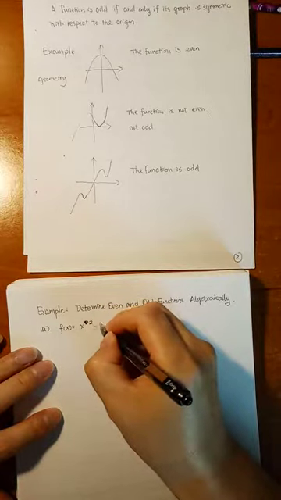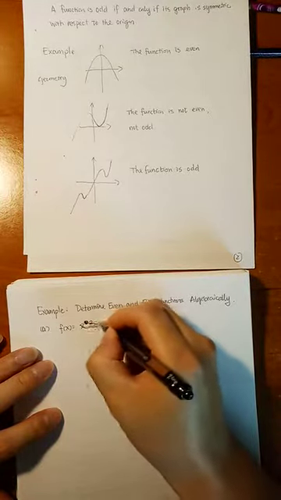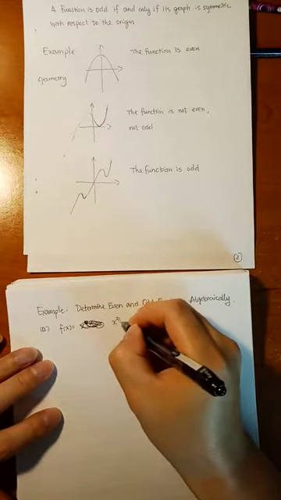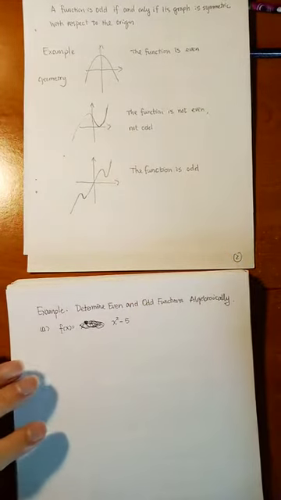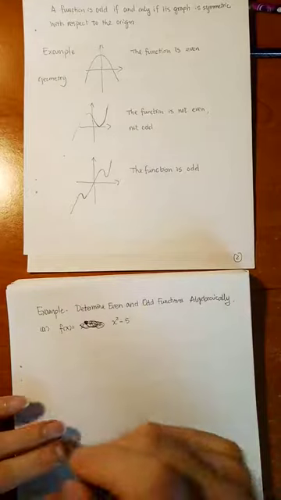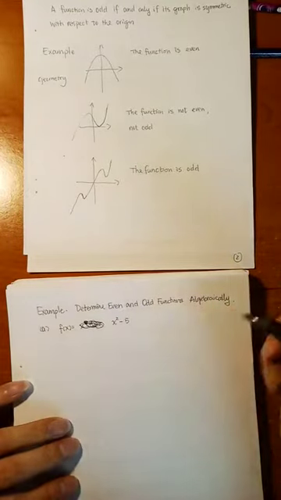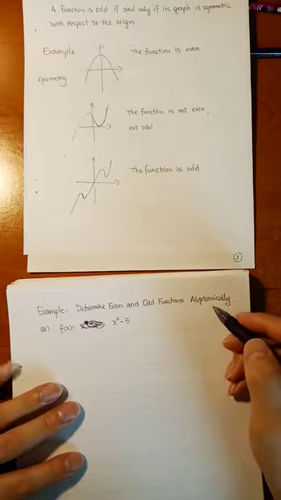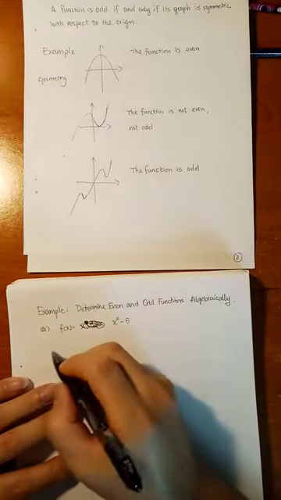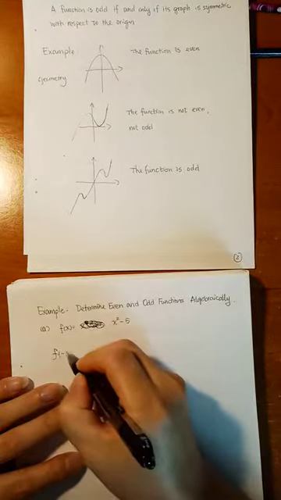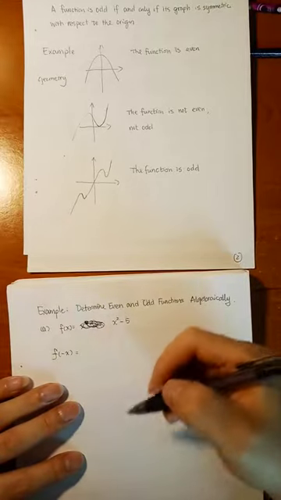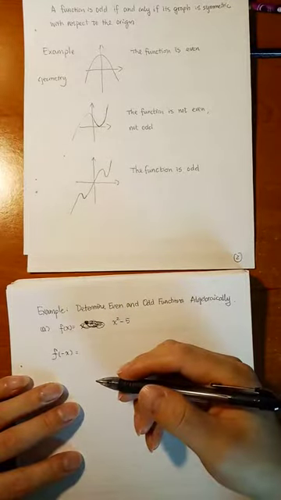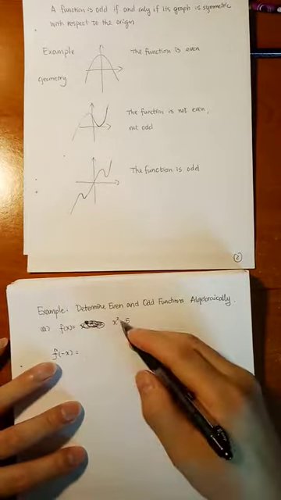f of x equals x squared minus 5. Okay, this is the first one. To determine even or odd functions algebraically, we just start from the definition. So we start from the computation of f of negative x.